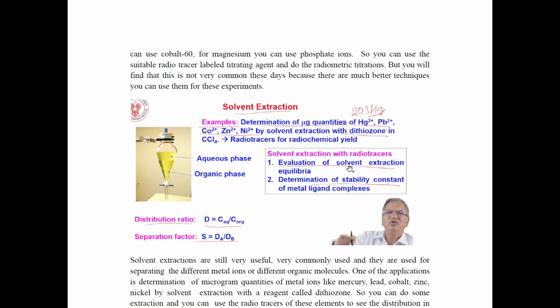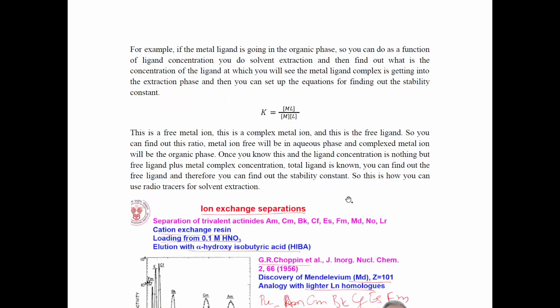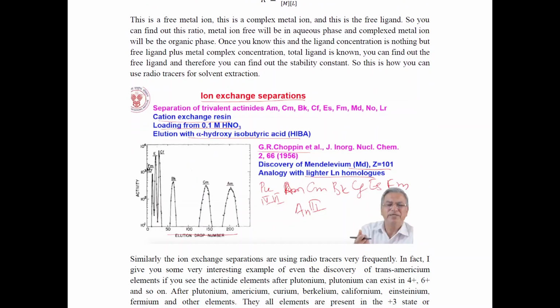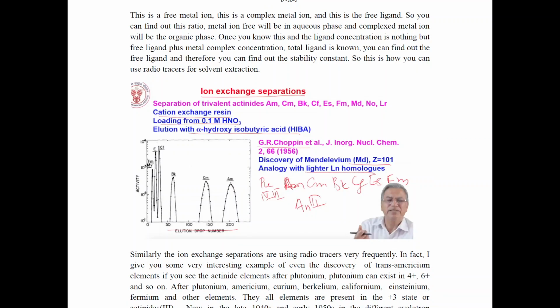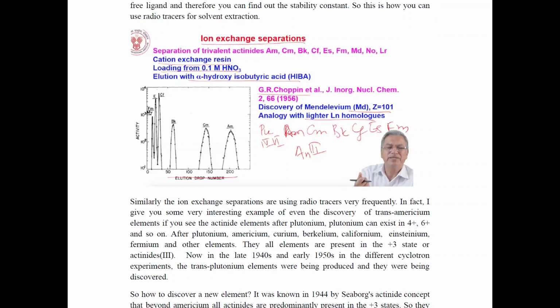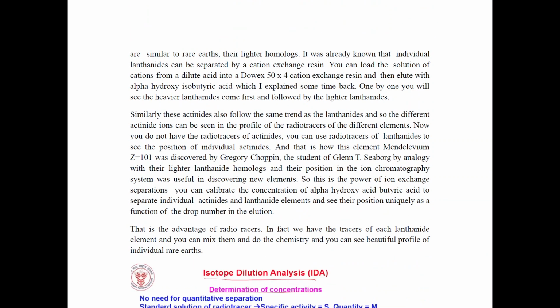Solvent extraction with radiotracers can be used for evaluation of solvent extraction equilibria and determination of stability constants of metal-ligand complexes. Then there is ion exchange separation, separation of trivalent actinides Am, Cm, Bk, Cf, etc., and the discovery of mendelevium by analogy with lighter lanthanide homologs.